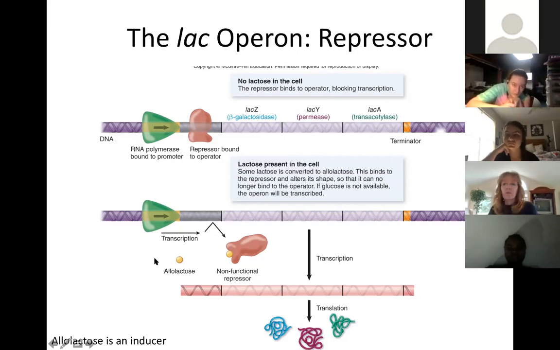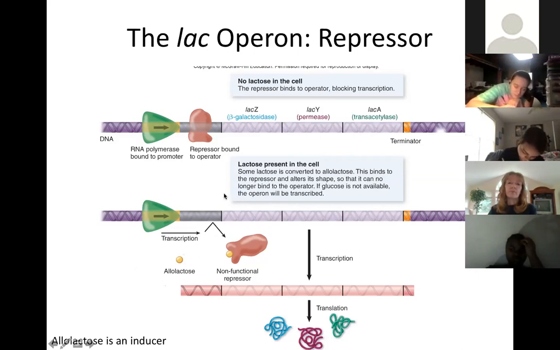And once glucose is gone, and if lactose is present, when lactose enters the cell, some lactose, right, kind of spontaneously converts into a molecule called allolactose. It's a variant of lactose. And what do you know? Allolactose happens to be the inducer that's needed to knock off this repressor.